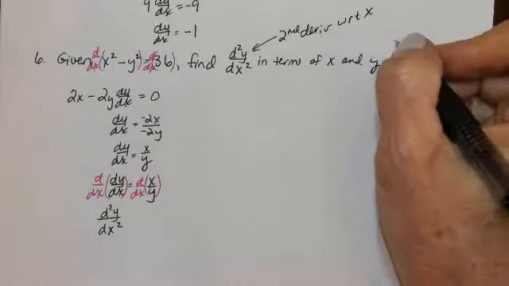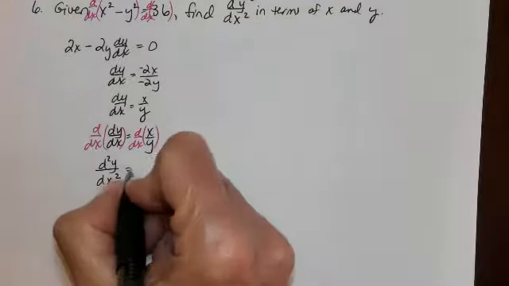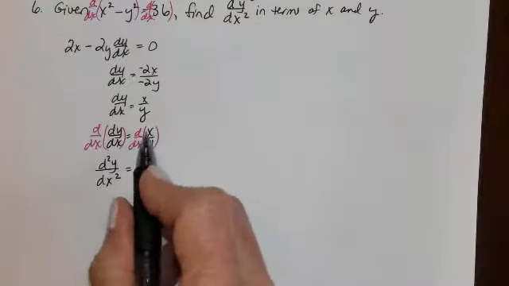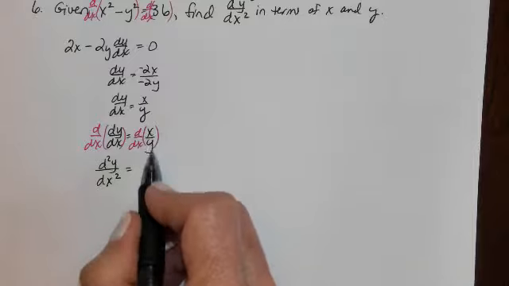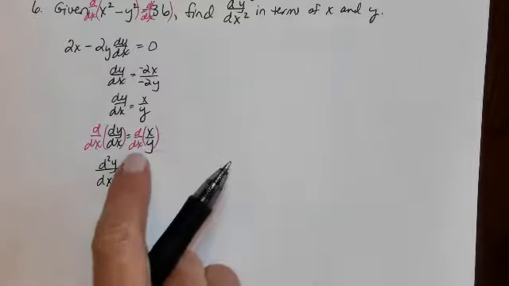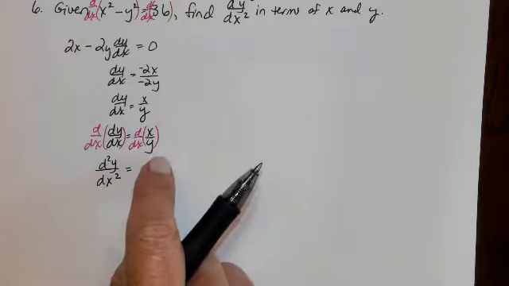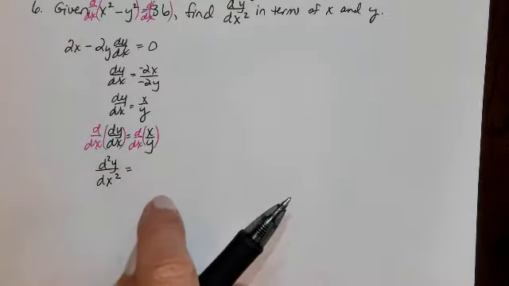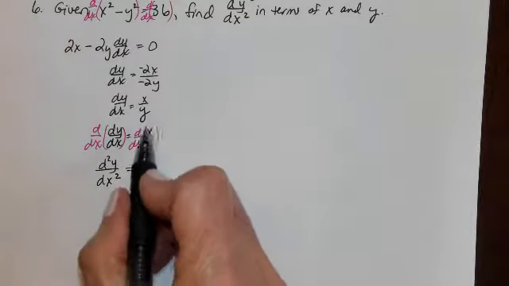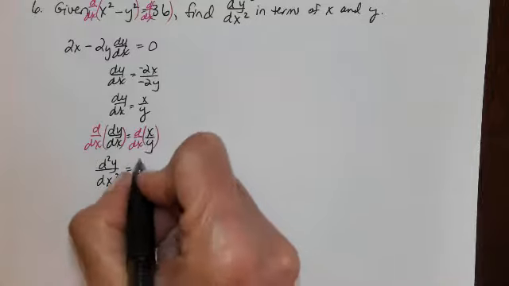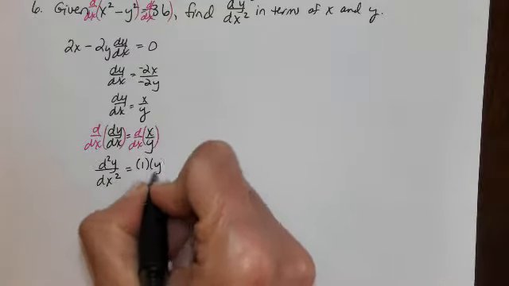Okay? All right. So over here, we need to employ the quotient rule, but we're taking our derivative with respect to x. So anytime we take the derivative of a y term, we need to multiply by dy dx. Okay? So first, start on top. Derivative of x is 1. Keep the bottom the same.